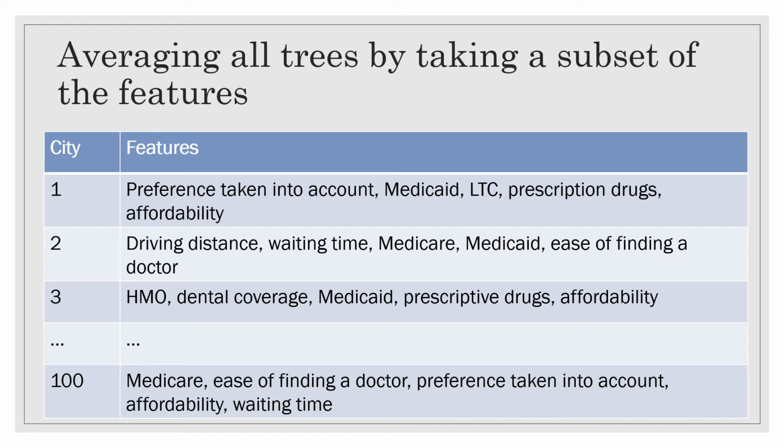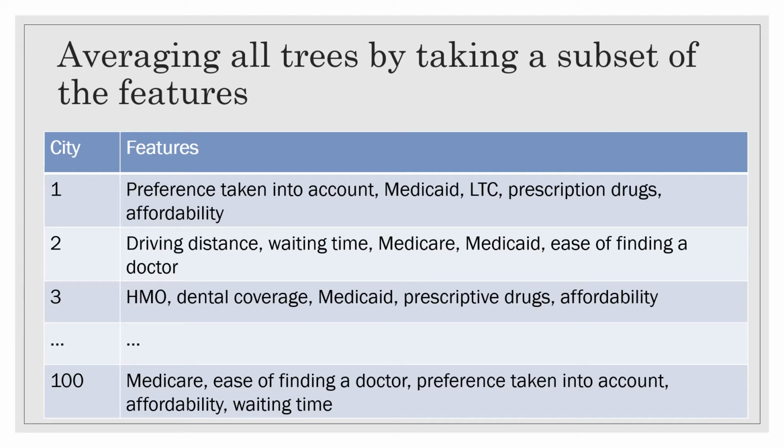So, in city number 1, we send out a survey that only asks the respondents to rate and rank these factors related to healthcare satisfaction. Then we send a different survey to those living in city number 2 and ask them about their opinions pertaining to these factors: driving distance, waiting time, Medicare coverage, Medicaid coverage, ease of finding a doctor, on healthcare satisfaction.